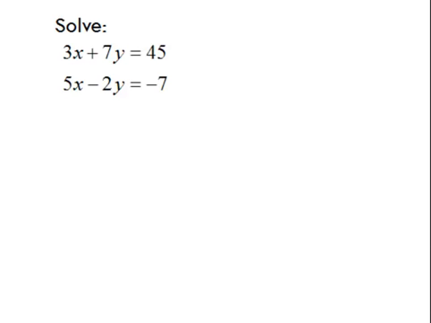Now I want to try to create opposites, and I don't see any single number that I could multiply the x's by to get them to match but be opposite signs, nor do I see any number that the y's could, unless I was willing to multiply maybe the bottom by 2.5, maybe, but even that I don't. So it's just not as simple as it was before.